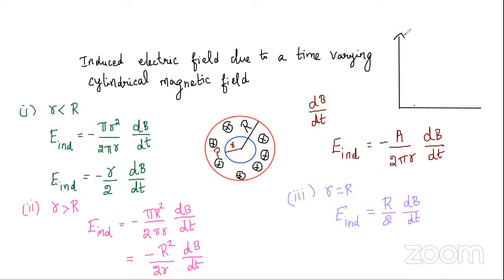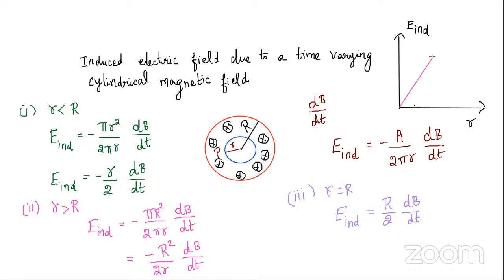Your induced electric field is along the y-axis, and your distance is along the x-axis. So here the variation can be shown like this.